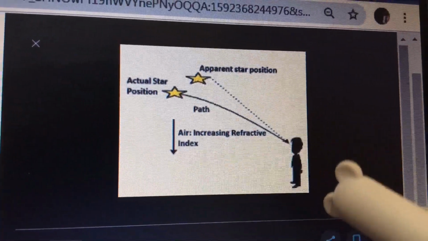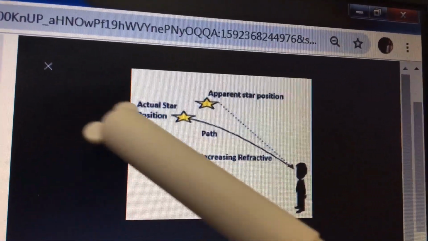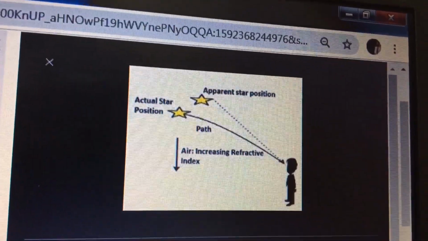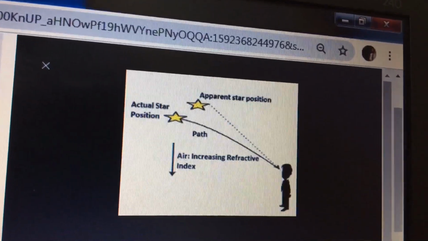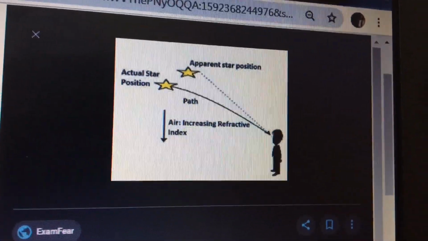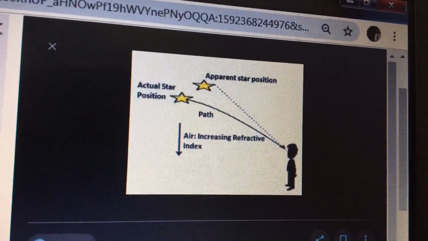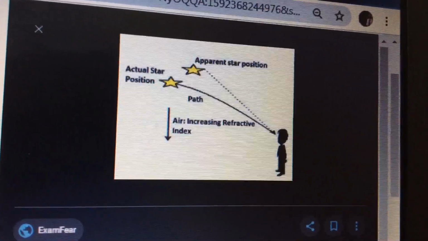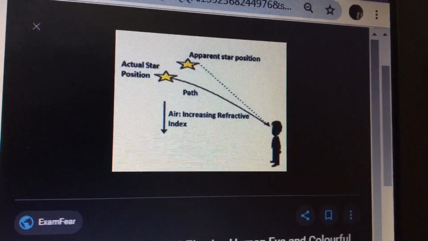Let's take an example here. When you view a star, the atmosphere has different layers of densities, and it also contains dust particles, water vapor, and gases in the air. Let's assume this is the actual star position.